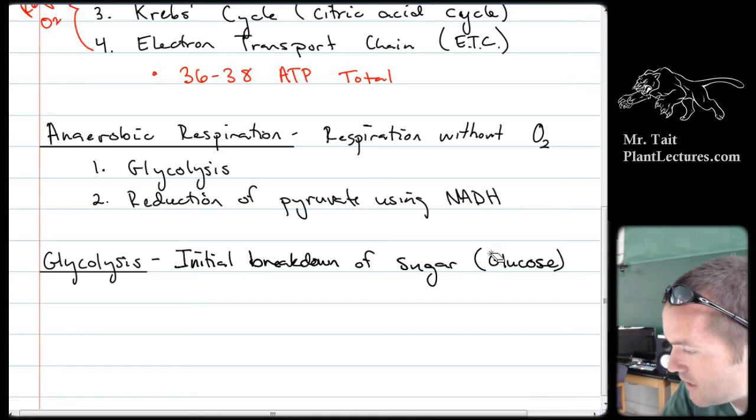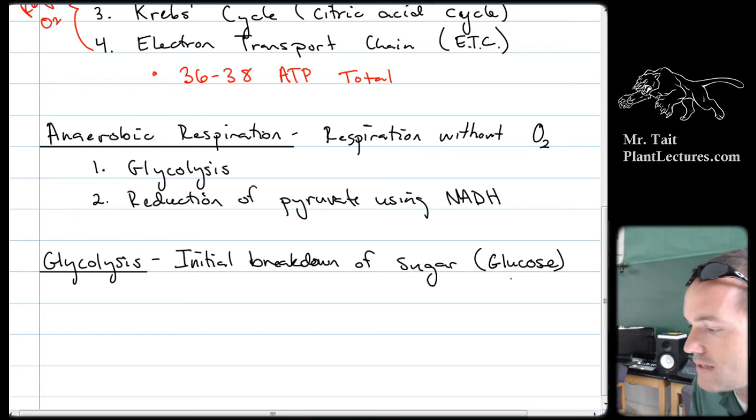Okay, so even though I said that lots of other molecules can go through cellular respiration, glycolysis pretty much requires glucose. So if you've got some other type of sugar, it's got to be broken down or modified at least so that it can go in there as glucose, right? A lot of organisms are able to metabolize other sugars, like lactose or something like that. Right? And the way that they can metabolize them is just breaking them down and turning them into glucose monomers.